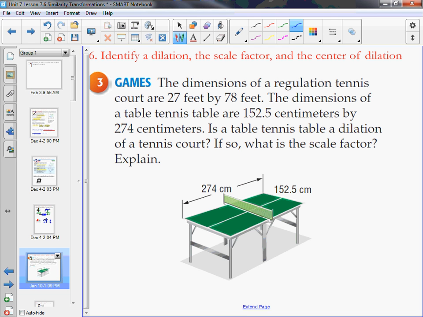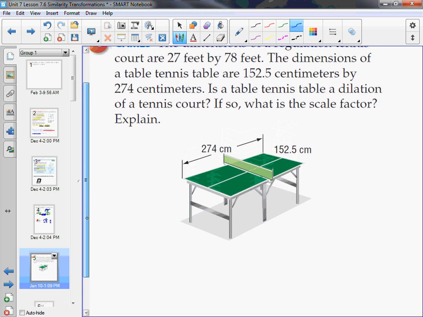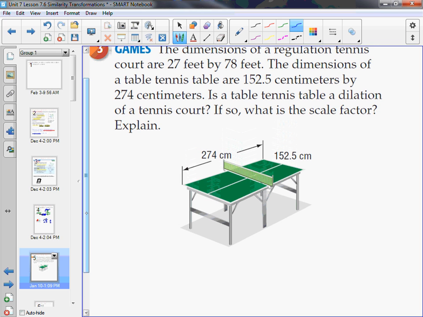Now, I'd never thought about it until I worked this problem, but I would have thought, well, yeah, probably. Let's see. We really just need to see if the figures are similar, right? If the figures are similar, then the table tennis table really is a dilation of a tennis court. It would be a reduction, but it's a dilation if the figures are similar.